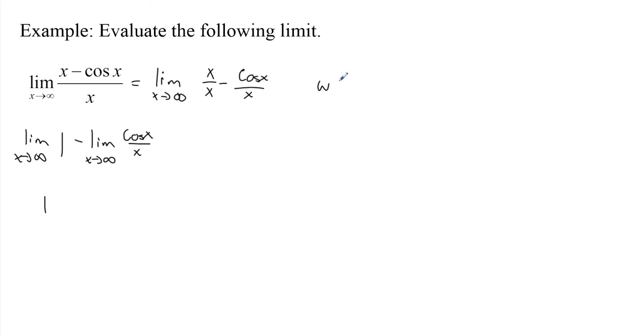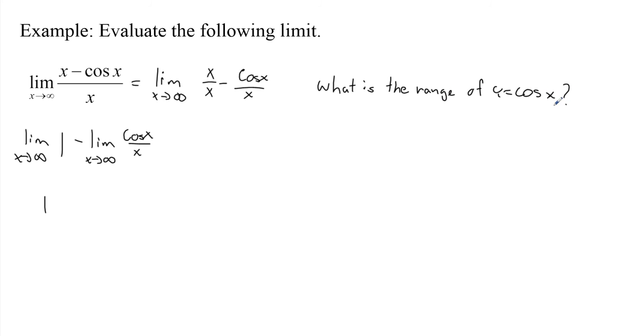All right, so first off, this one's easy, this is just 1, but let's talk about this one. The first thing we want to know: what is the range of y equals cosine x?